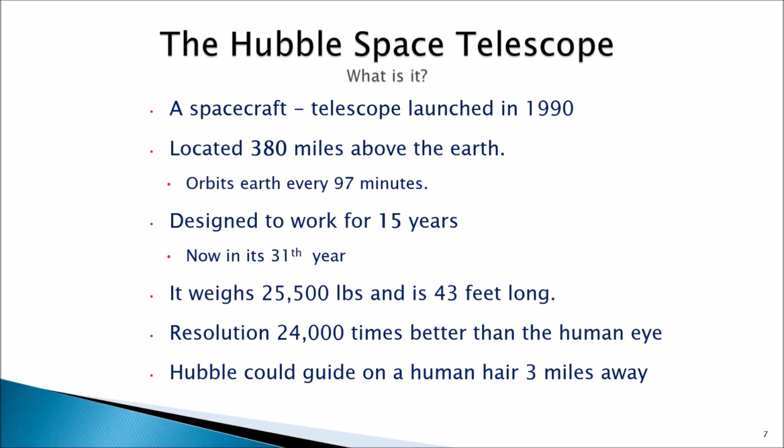So it's really outlived its life and still going strong. It weighs 25,000 pounds, is 43 feet long, and has incredible resolution, 24,000 times better than the human eye. And finally, it can guide on an object as small as a human hair 3 miles away.